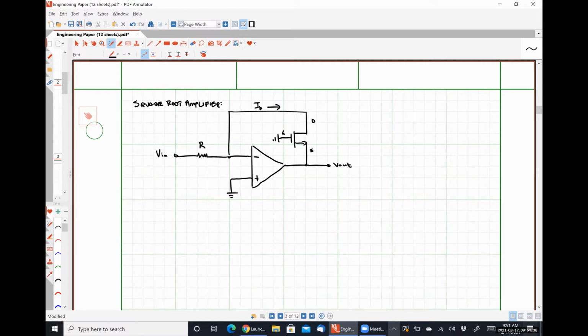So we're going to have a square root amplifier now because it's the opposite thing. All right, so what can you guys tell me about how, if we are considering this circuit to have an infinite open loop gain, how is this MOSFET connected?